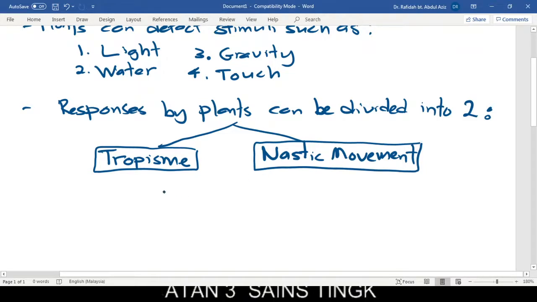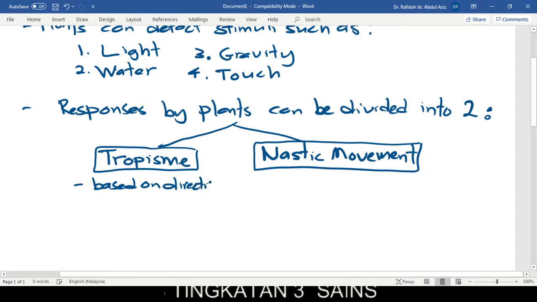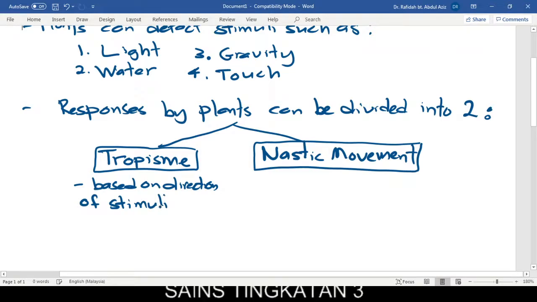So what is the meaning of tropism? Tropism is a response based on the direction of stimuli. It means that plant will respond to the stimuli based on the direction of the stimuli itself.